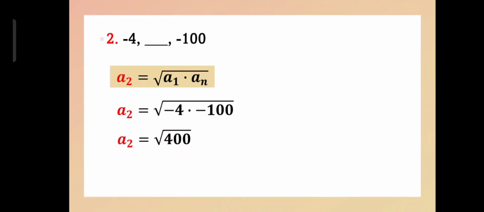Then next, get the product of negative 4 and negative 100. So negative 4 times negative 100 is equal to positive 400. Remember, when multiplying integers with the same sign, the product is positive. Then, get the square root of 400. That is positive or negative 20.